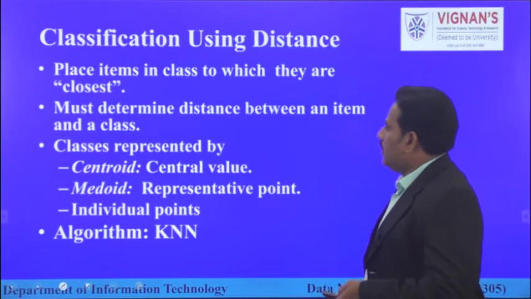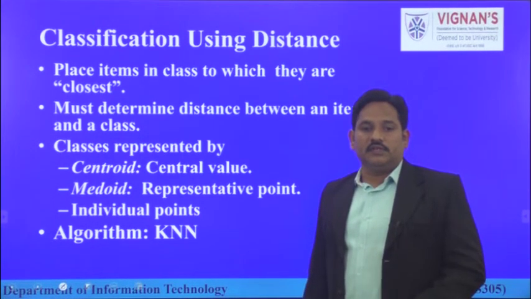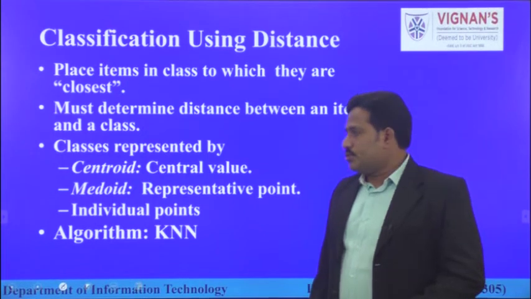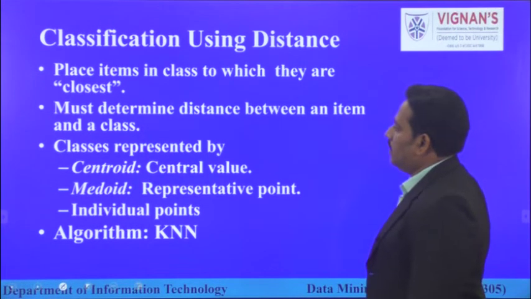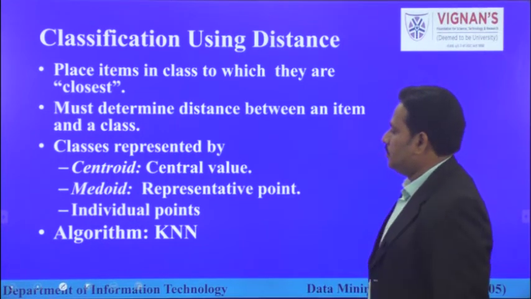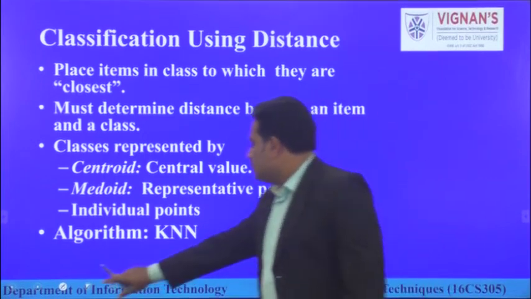Now, using classification, we can also apply the classification technique based on the distance approach. In this distance approach, we place items in the class to which they are closest. Assume we have some values like this.